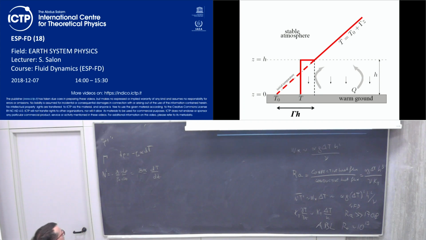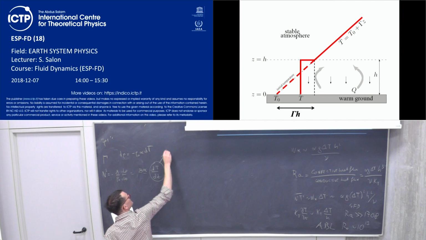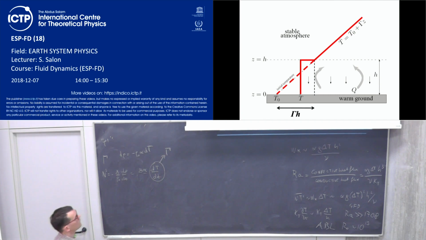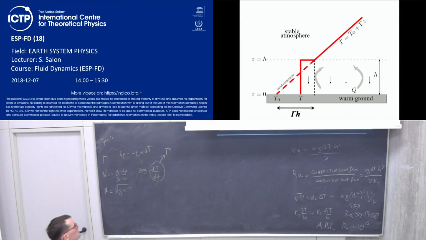Okay? So it means that, if I call dT/dz lambda, which is the gradient, we obtain that N is practically the square root of g alpha lambda. Okay? So, nothing very magic.